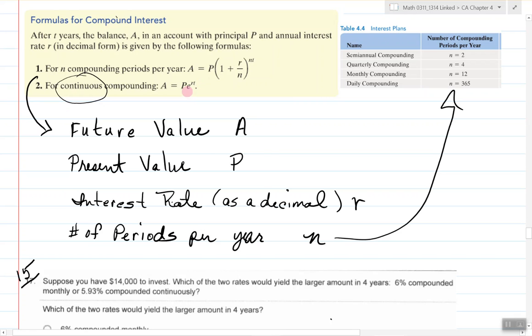We're not going to go into a lot of details deriving these formulas. Both of them have to do with compound interest. One of them is when it is compounded so many times per year, and they will explain it in words, or continuously compounding as if n actually approached infinity.